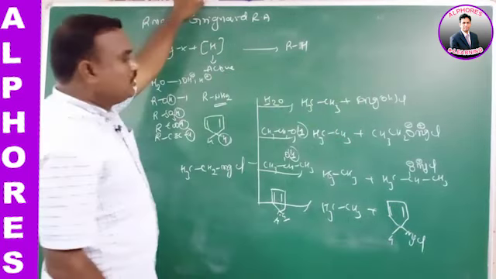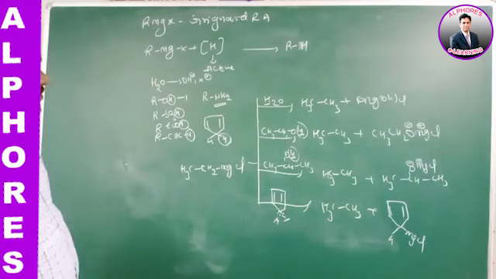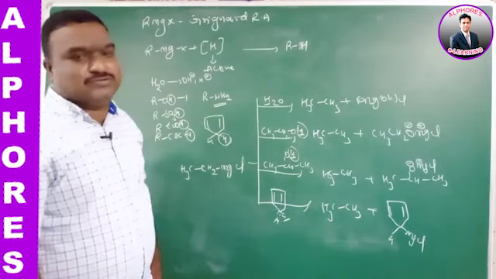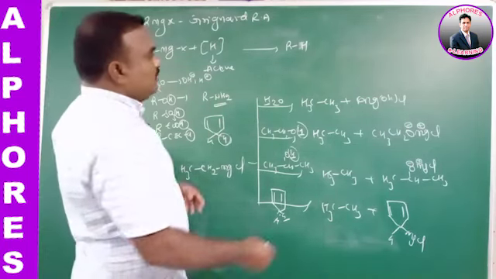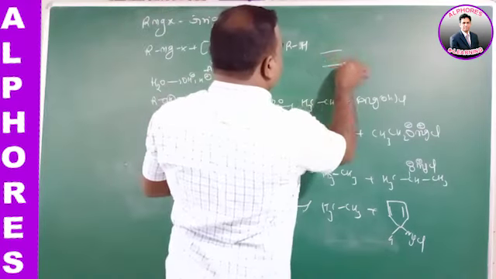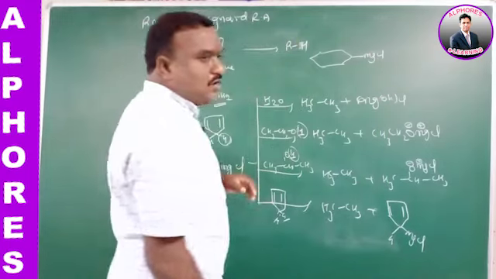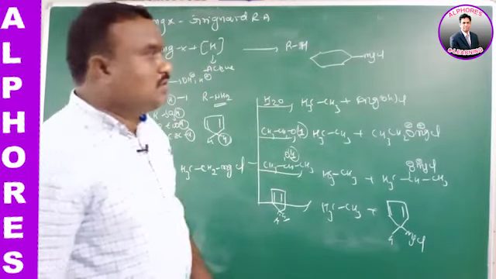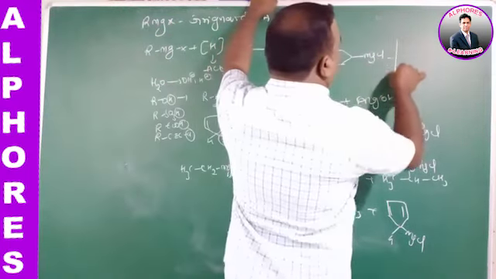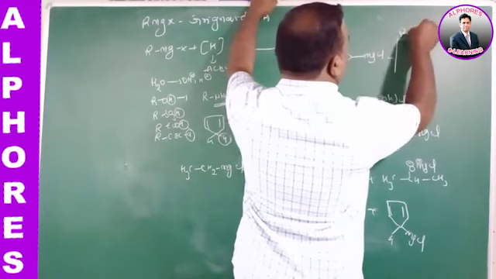This is the way to write the product wherever compounds are carrying active hydrogens. For example, here cyclopentadienyl magnesium chloride or bromide is given.